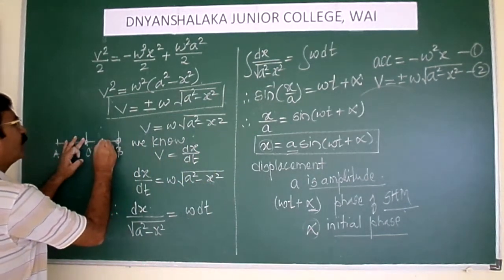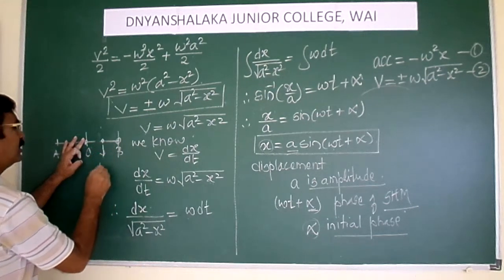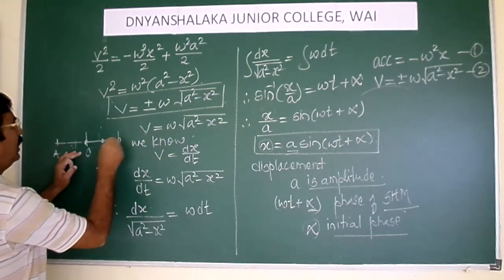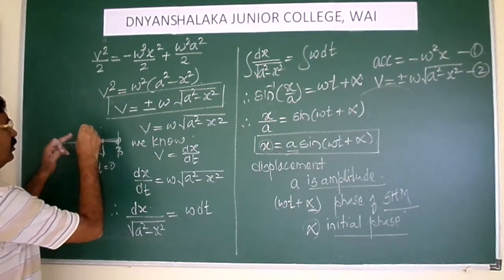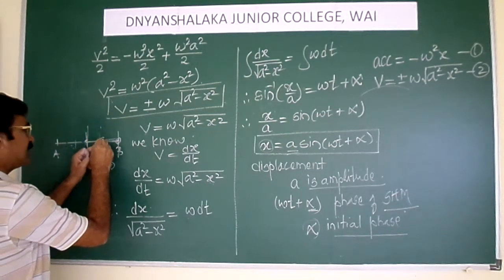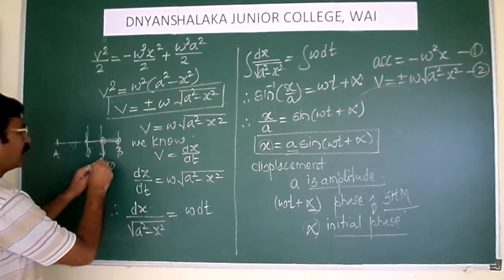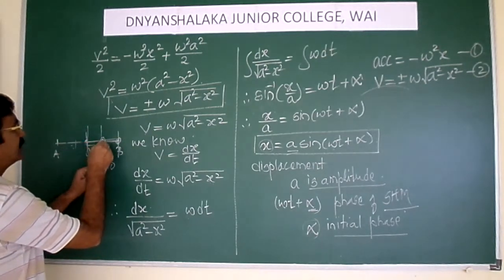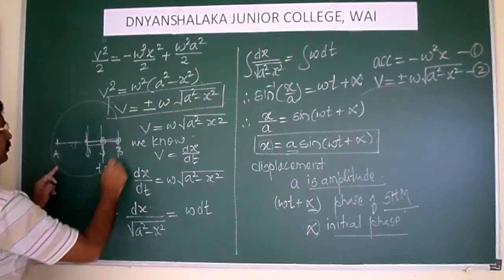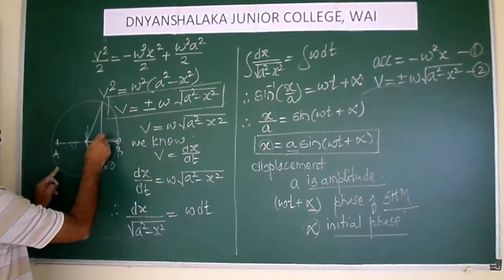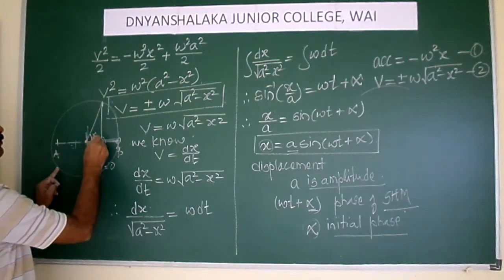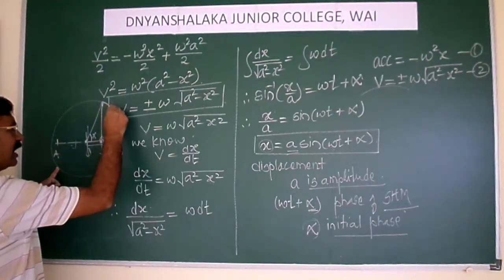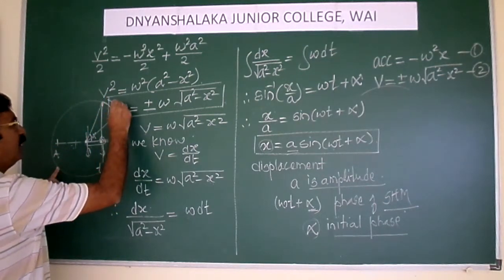If the particle is over here at t equal to 0, it is not at the mean position. So when the SHM begins from this particular position, this is the initial phase alpha. And then as the particle moves, this will be omega t.